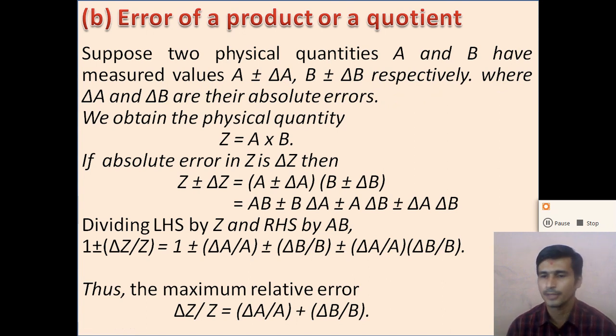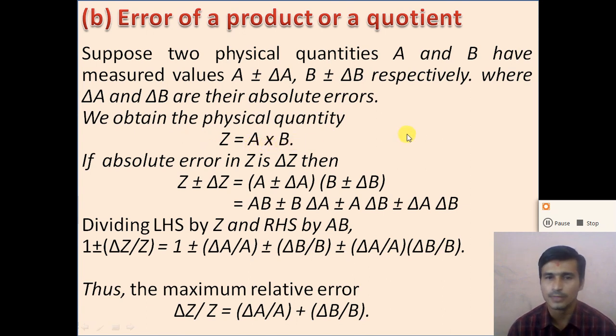Now we obtain another physical quantity Z, which is the product of these two physical quantities A and B. So Z is equal to A multiplied by B.